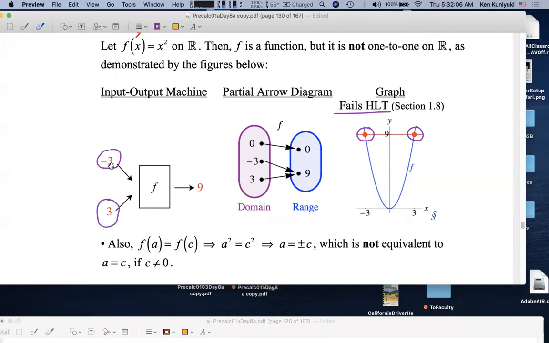The square of -3 is 9, but the square of 3 is also 9. We have Jennifer and Angelina competing for Brad. We have two different x coordinates whose square gives us the same y coordinate, 9. And that's reflected in the fact that the graph fails the HLT. The point (-3, 9) lies on the graph, and also the point (3, 9) lies on the graph.